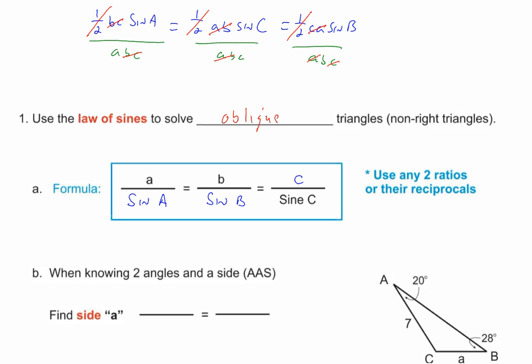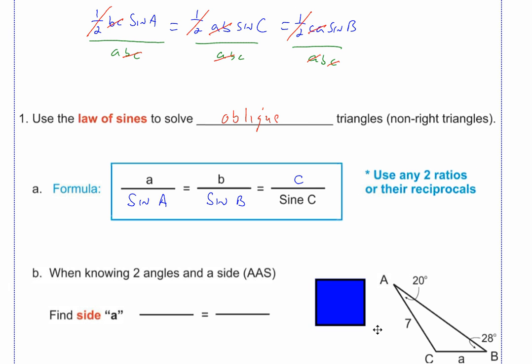Do you use three fractions? No. You pick the two that involve the problem you're dealing with. It depends on the information you're given, which part you're going to use.